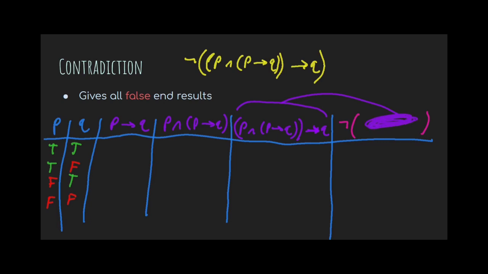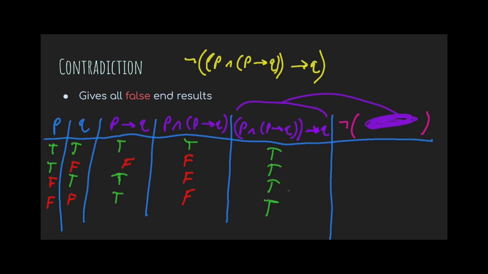Let's quickly fill in the truth values. We have true, false, true, true. Then we have true and false, false, false. And then we have true, true, true, true. And now we're at the contradiction part.